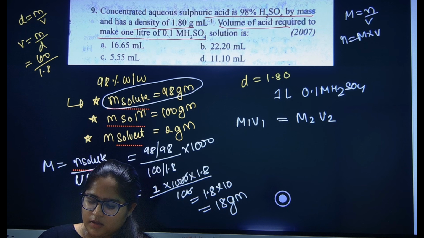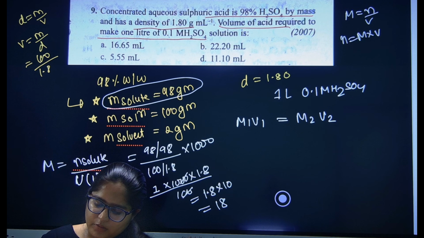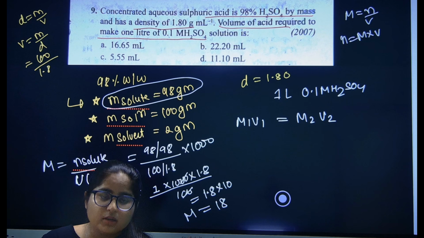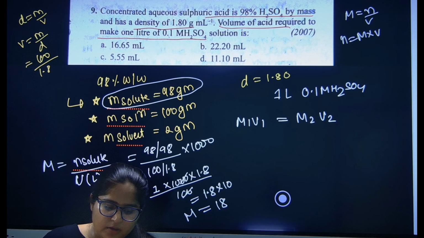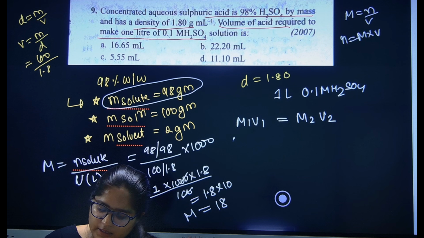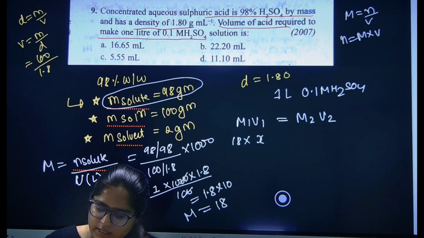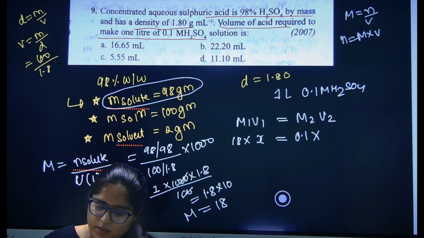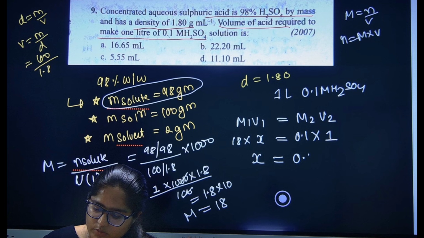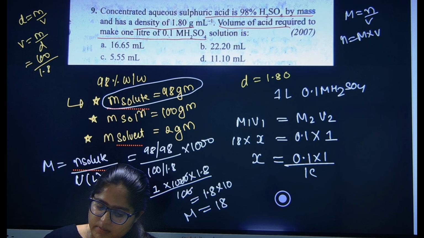So molarity, how much have we got? 18. Now let us write down here molarity 18. The volume we have to find out, that is X, equals the molarity of the second condition, 0.1, into the volume given, which is 1. So X will be equal to 0.1 into 1 divided by 18.